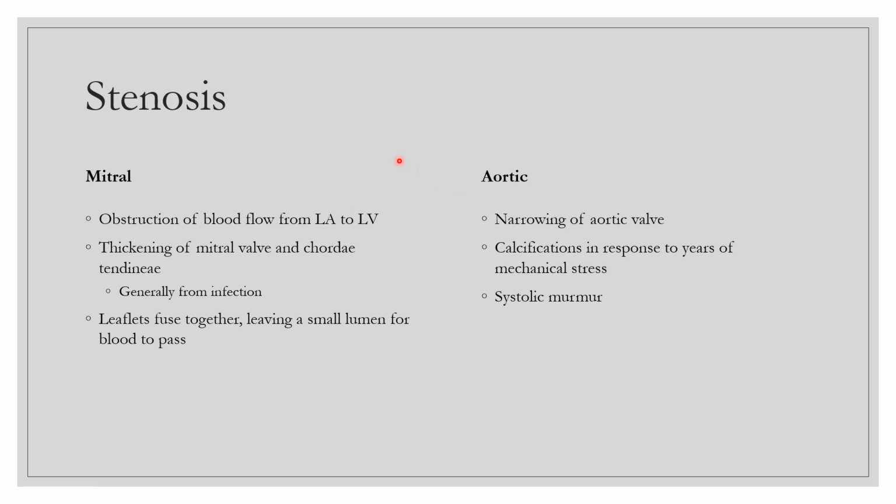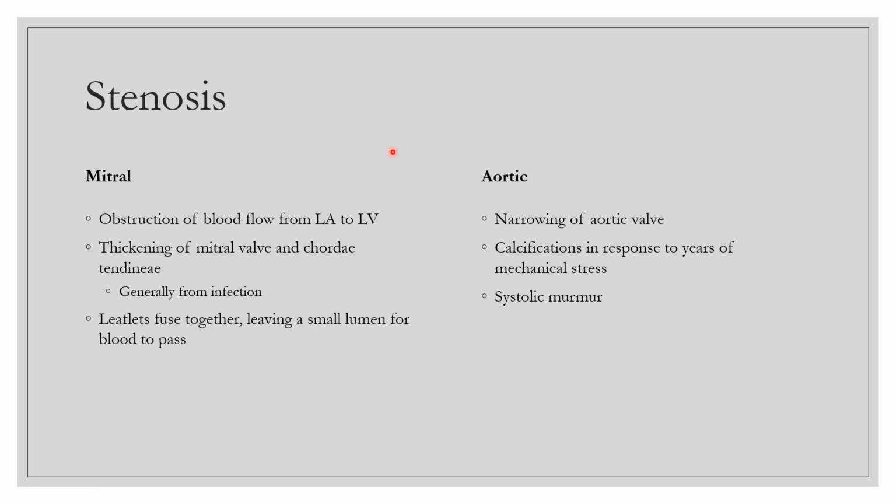Stenosis, so valve stenosis, again, mitral and aortic is when we're going to have the most symptomatic patients. We can have stenosis and regurg on the right side of our heart, but generally it's less symptomatic because it's less pressure, and that's not the side that's perfusing our body, so we're going to have less symptoms.